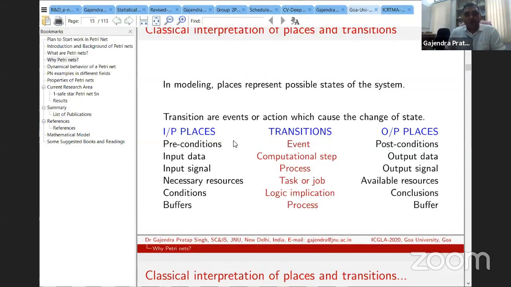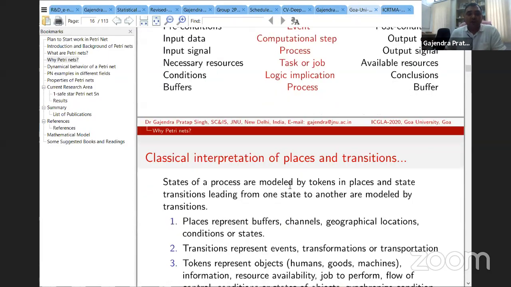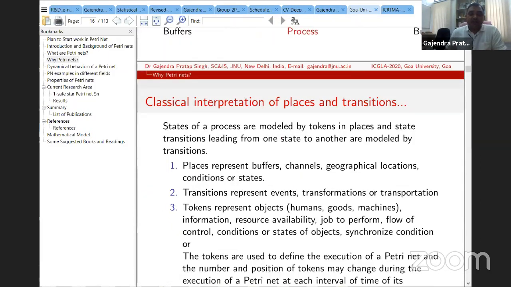Whenever we are doing modeling, a transition may be an event, computational step, process, any kind of task, job, or logic, and input and output places may be preconditions, postconditions, output data, input data. In this way we can take it for the modeling. Or in another interpretation, places may sometimes be buffers, channels, geographical locations, conditions or states. Transitions are generally events, transformation, transportation, any kind of activity.